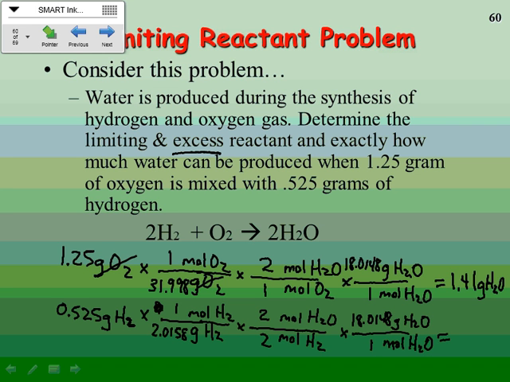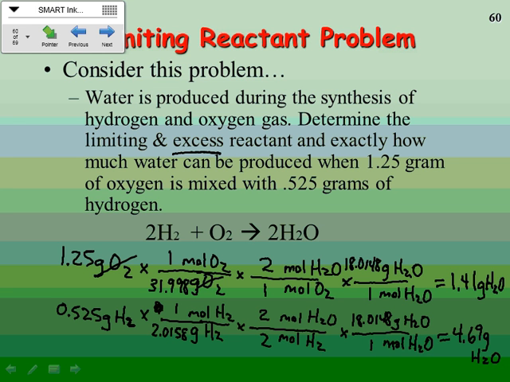All right, so then let's work this out. Oh, look at that. 4.69 is what I'm getting here. So our prediction was wrong, wasn't it? Because we thought the hydrogen would be the limiting reactant just looking at the mass of it.